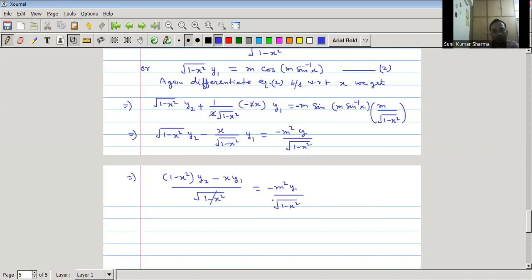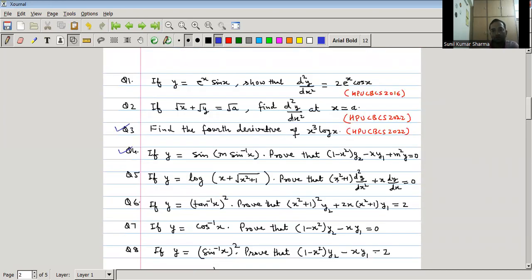So this cancels out. We get 1 minus x square y2 minus x y1 plus m square y is equal to 0. Hence the proof. So we have to prove this: 1 minus x square y2 minus x y1 plus m square y is equal to 0.